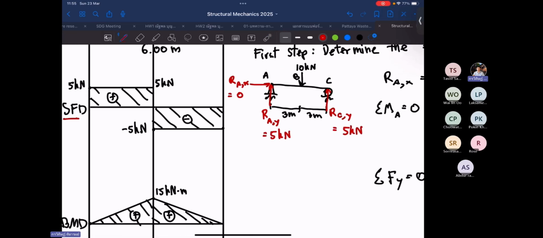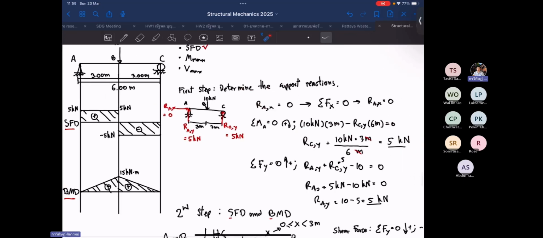But please identify which one is positive, which one is negative, how much is the magnitude, like this must be written down. But no need to exactly write on scale, like this one is 5, so this one is 5 centimeter. No need. Just write down the unit and the magnitude. And please use a ruler. Use your student ID card also, like this.